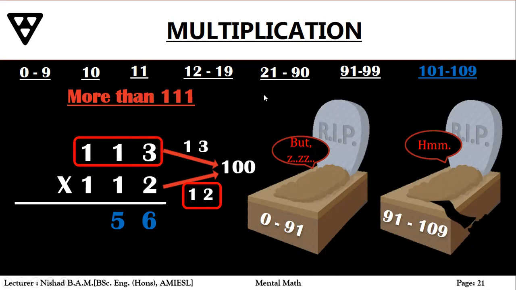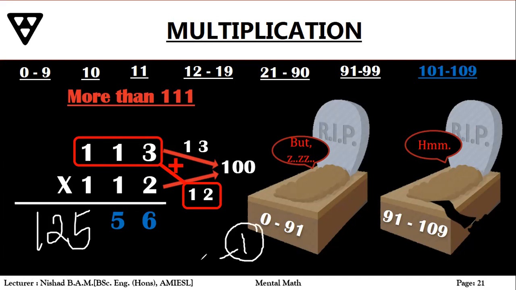So what will the final answer be? 113 plus 12 is 125. So the answer will become 125. But keep in mind that we have a remainder, which is 1. We have to add that 1 to this number. So the final answer will become 126.